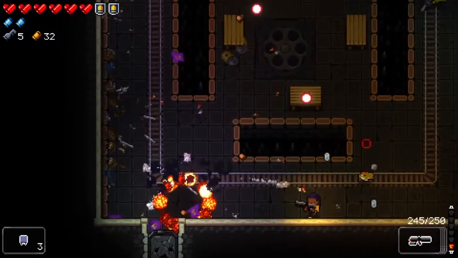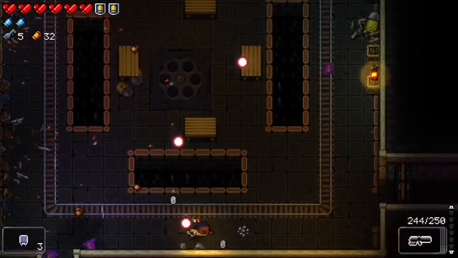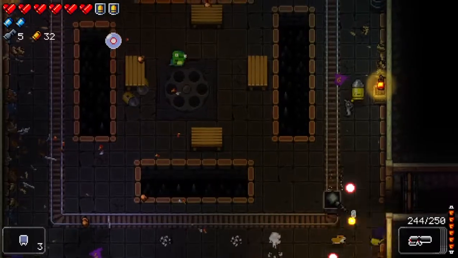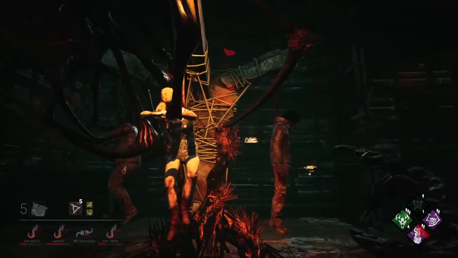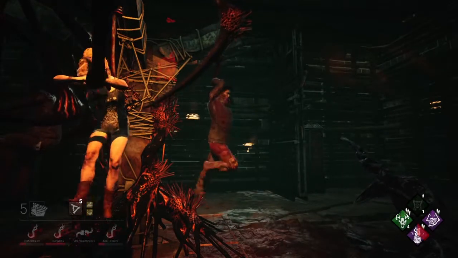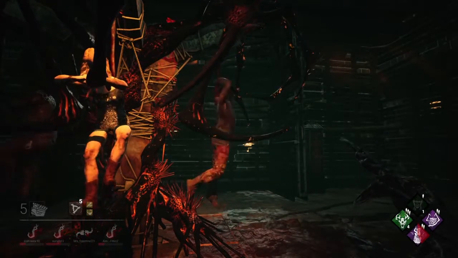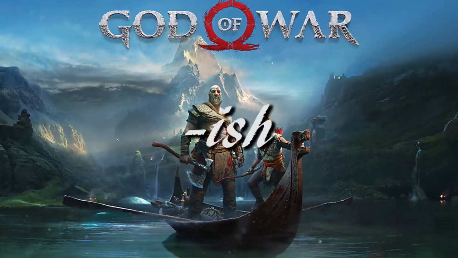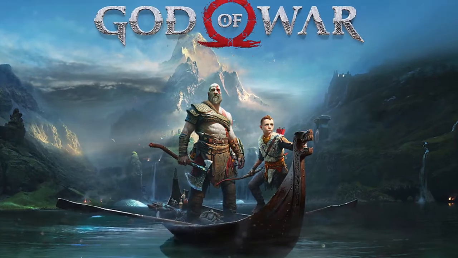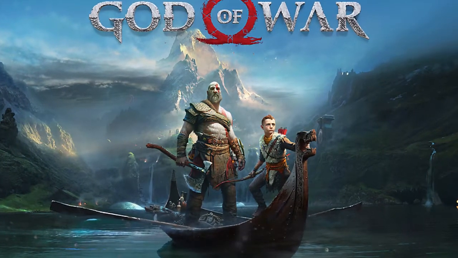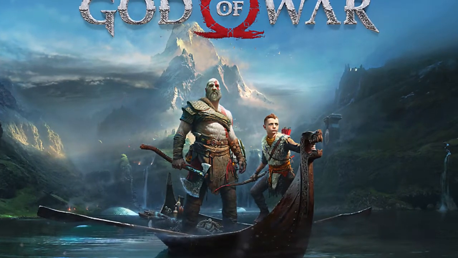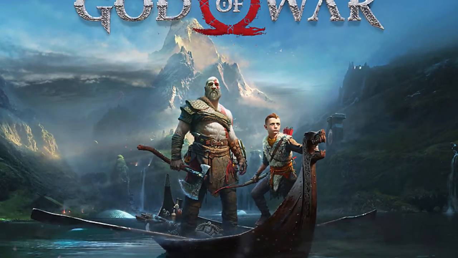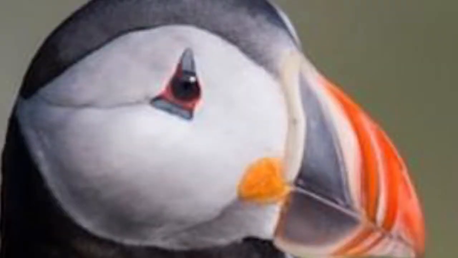The Binding of Isaac, Enter the Gungeon, The Swindle, Darkest Dungeon, Invisible Ink, Dead by Daylight's reward system, which, I mean, that might be its own video, because I actually find that quite interesting. And even the recent-ish God of War, where they have a section that's a roguelike because they needed something to put in one of the 9 realms, which is a good segue to start talking about the problem that I have.